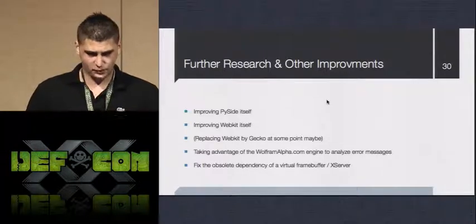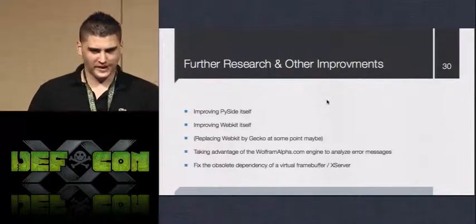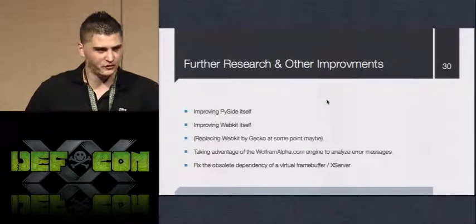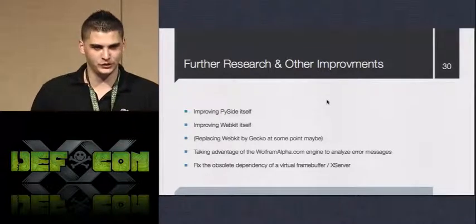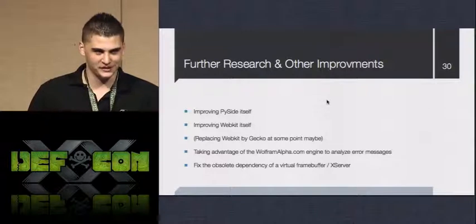Maybe it makes sense to replace WebKit in that approach with Gecko, because Gecko is the rendering engine of Firefox, for those who are not that familiar with the web browser architecture. Firefox and Gecko are in the end the higher quality projects, because for those of you who are into exploits and browser vulnerabilities, you know that there is a remarkable amount of WebKit exploits released in short periods of time.